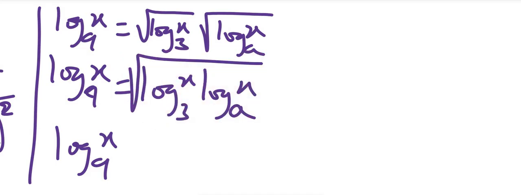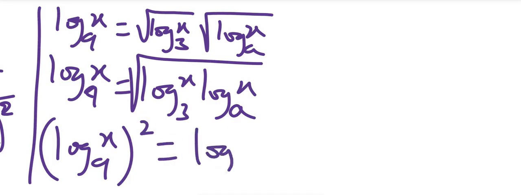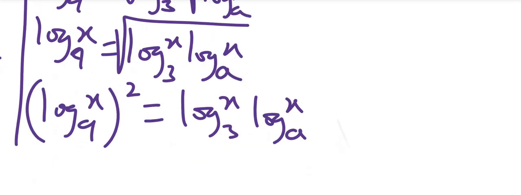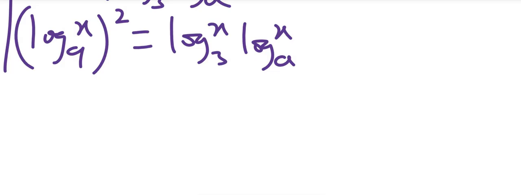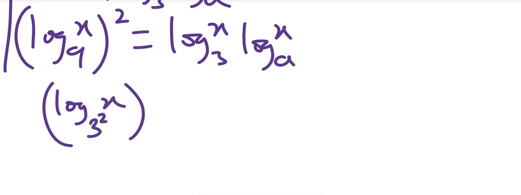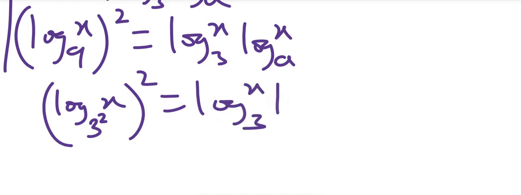Log x base 9 squared is equal to log x base 3 times log x base a. So this is the same thing as saying log x base 3 to the power of 2, squared, equals log x base 3 times log x base a.